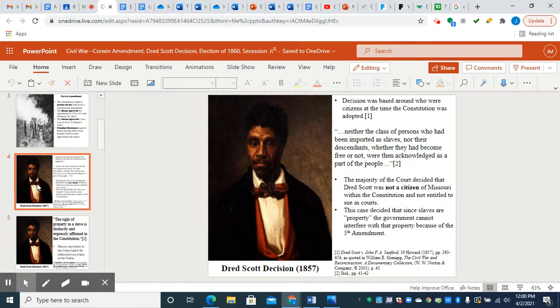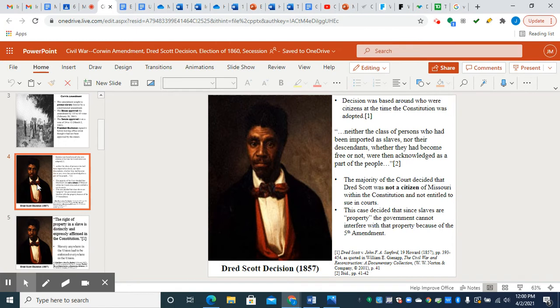The other issue is this. If you say yes, that means that slavery can now spread potentially into places and be enforced where it has been declared illegal.